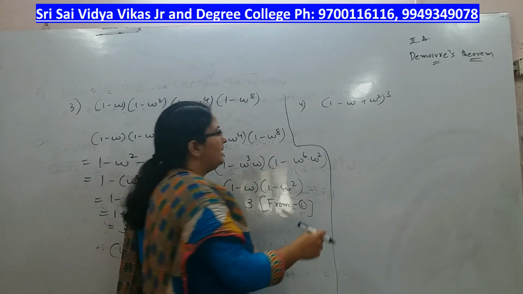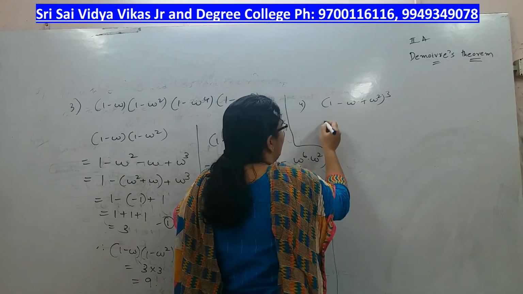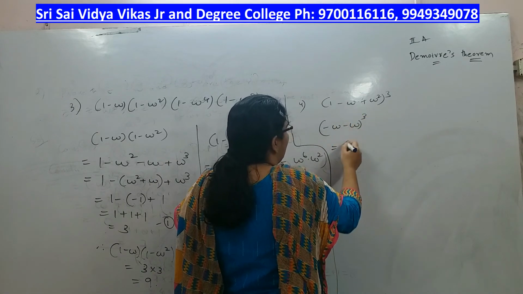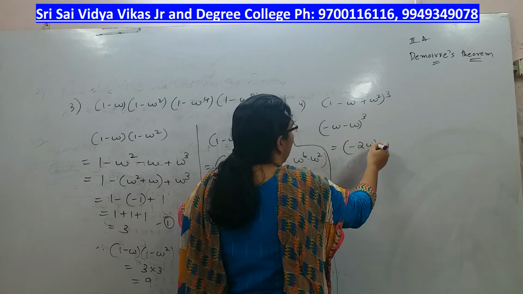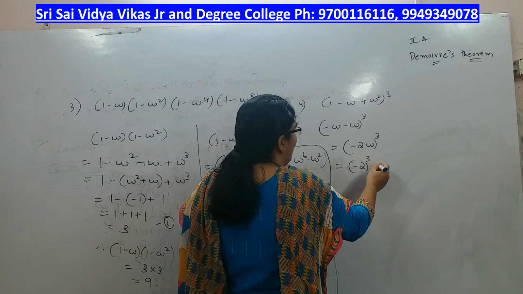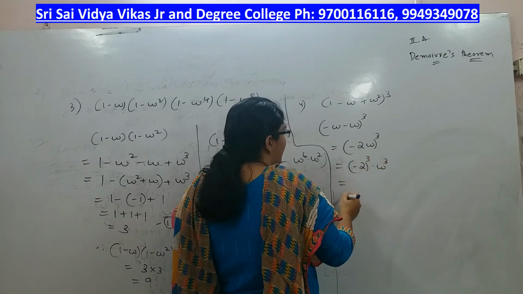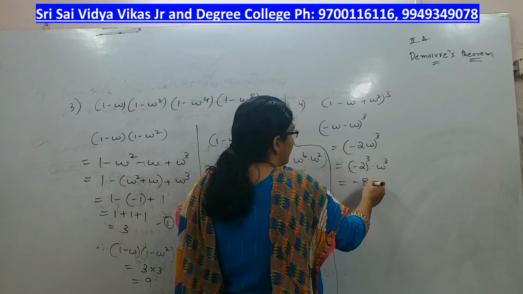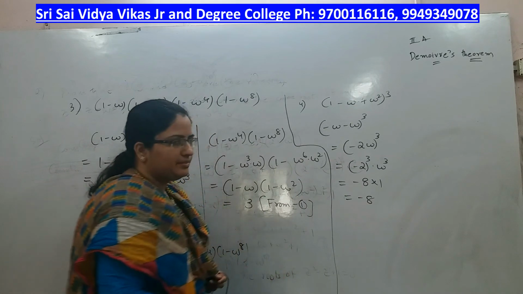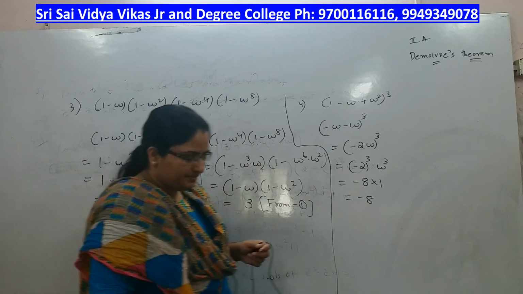This is nothing but 1 + ω² is −ω, so you have (−2ω)³. This is (−2)³·ω³. (−2)³ is −8, into 1, which is equal to −8. That's about this problem.